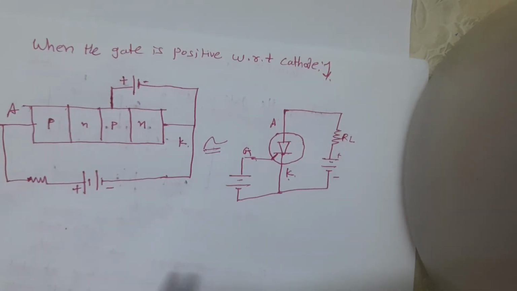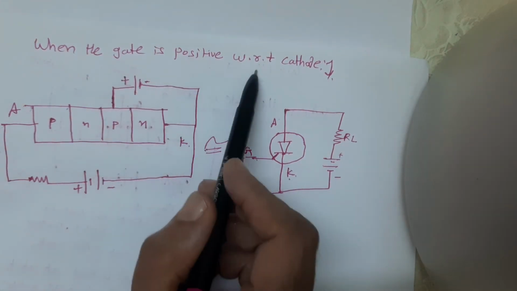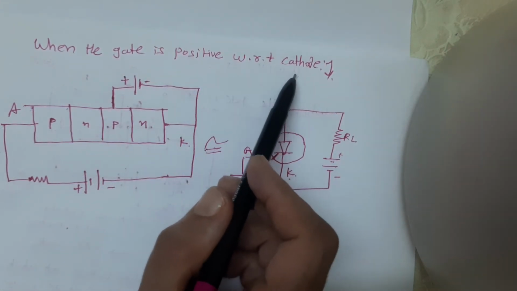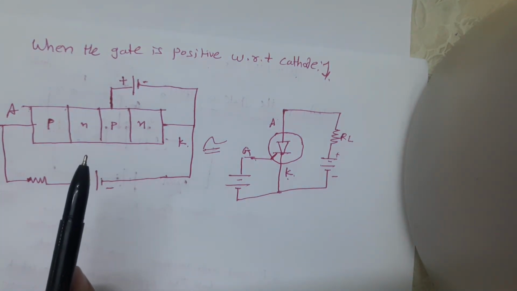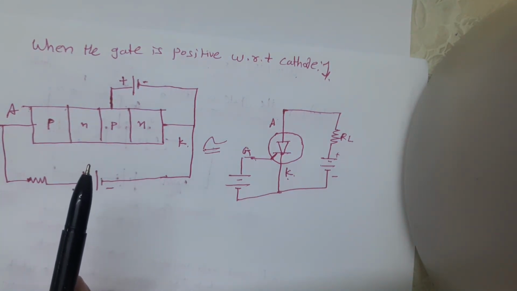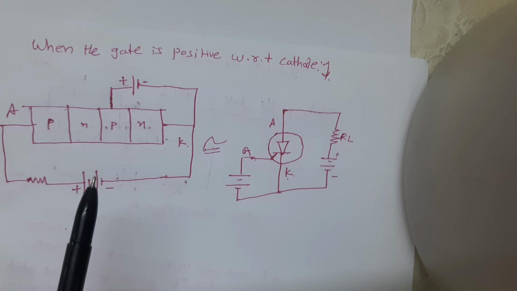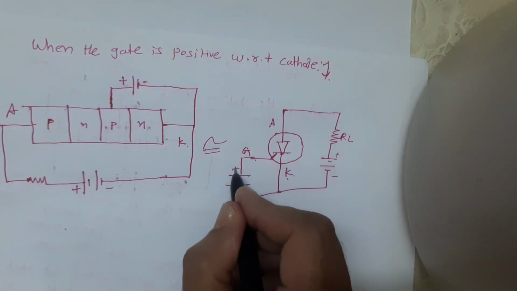Now our condition is, when the gate is positive with respect to cathode, what happened? The SCR can be made to conduct heavily at smaller applied voltage by applying a small positive potential to the gate as shown in the figure.